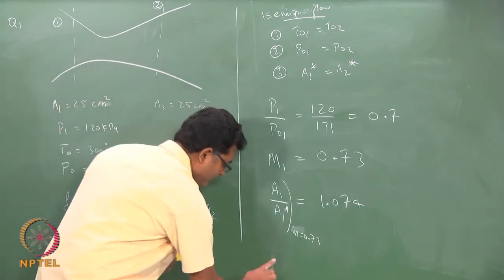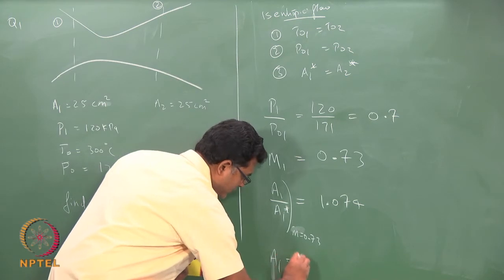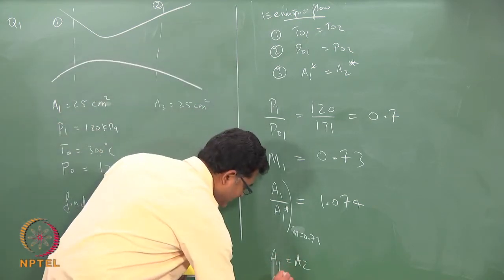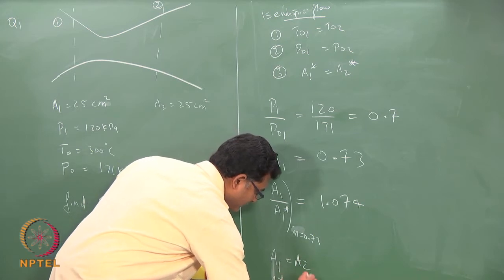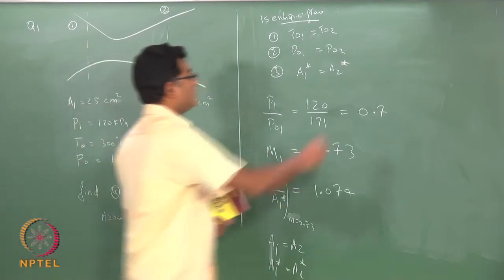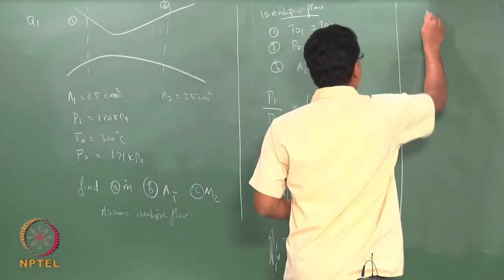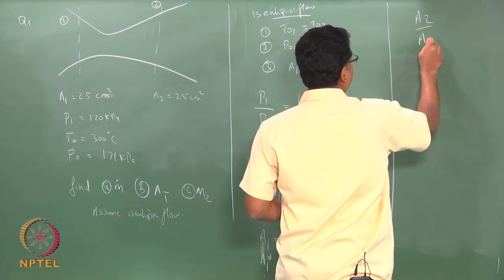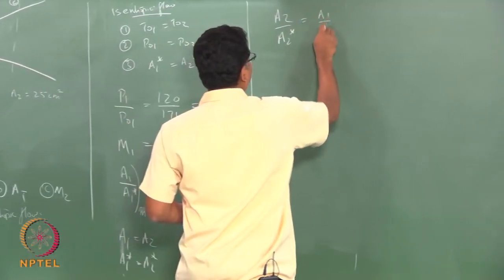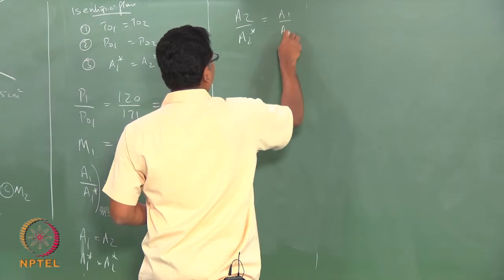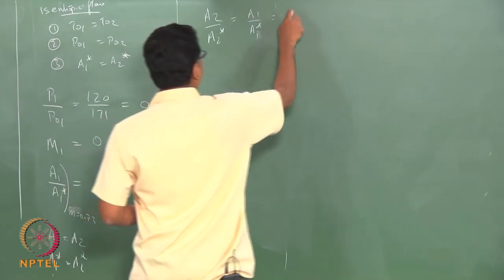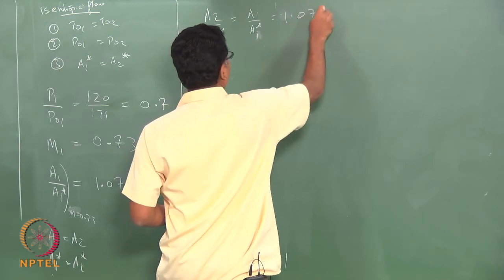But my A1 equals A2, and we also know A1 star equals A2 star. So, my A2 by A2 star is also my A1 by A1 star, which is now 1.074.